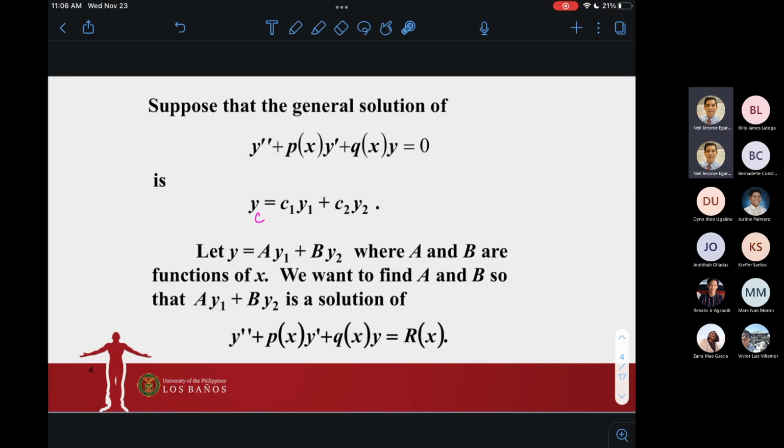So kanina sa reduction of order, usually si C1 at saka si C2 pinipili ko lang to be 1 and 0 para makakuha ko ng isang specific na y1. Pero hindi siya lagi mag-work. So the more generic way is to replace C1 and C2 by functions of X themselves. Okay? So yun yung magiging bagong ansatz natin.